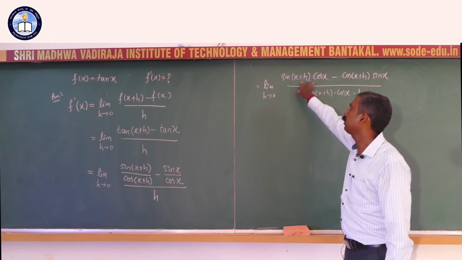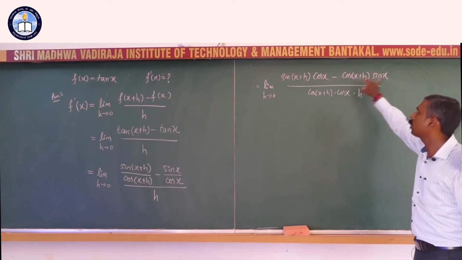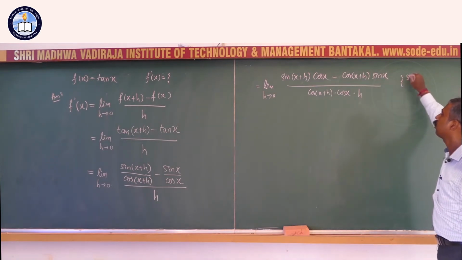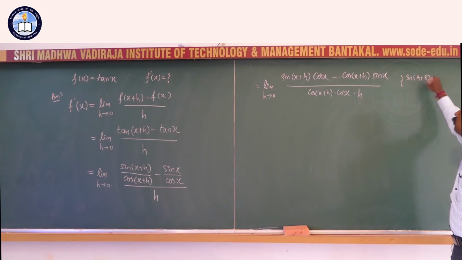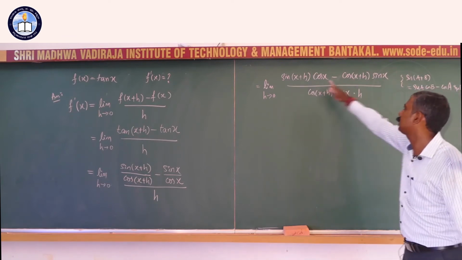Now this is like sin a cos b minus cos a sin b. So we know that sin of a plus b is equal to sin a cos b minus cos a sin b. So a is x plus h here, b is x.